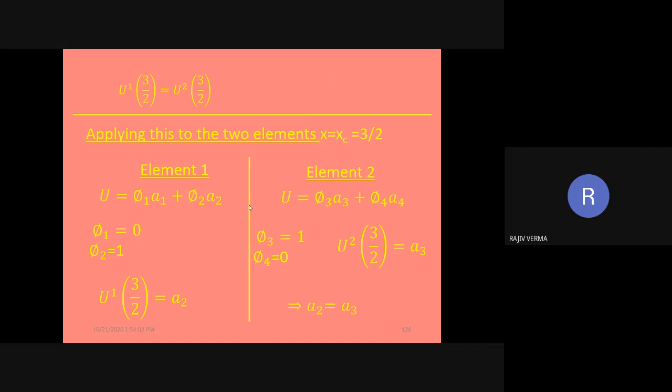So, depending upon the type of elements you have taken for the discretization, the nature of the contact is also going to vary. For one-dimensional elements, the contact is a point contact.